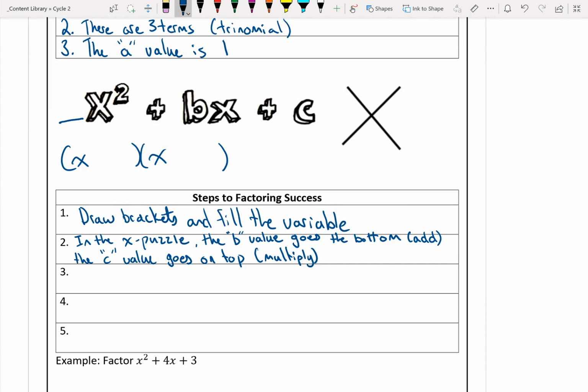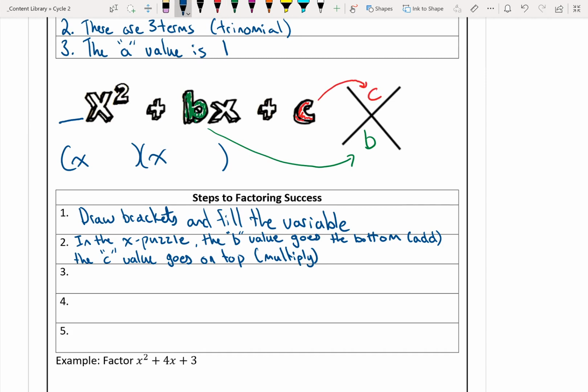So again, hopefully this is familiar, but again, we're going to take our b value. So this b value here is going to the bottom, and this c value here is going to the top.